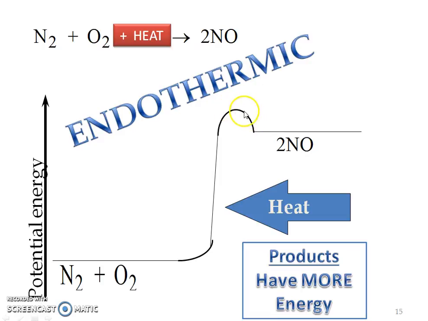And now notice coming down, there's a lot less energy being released. So a lot of energy absorbed, a little energy released to form those products. Overall, your products have a heck of a lot more energy than the reactants you started with. So this overall reaction is considered endothermic because your products have more energy than the reactants.